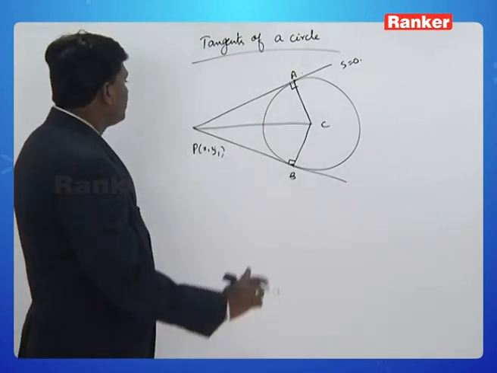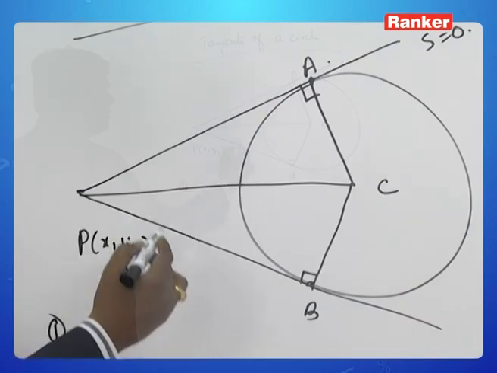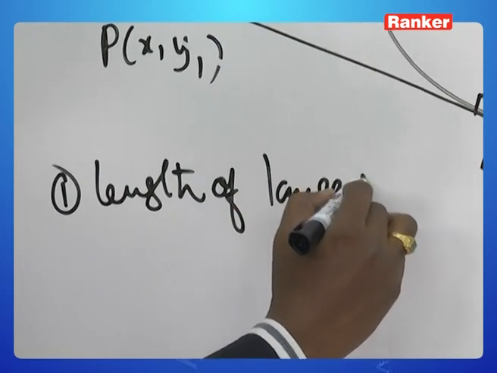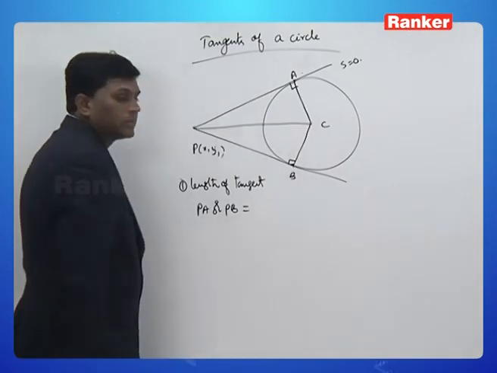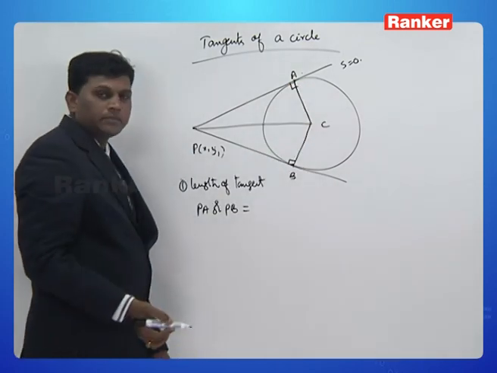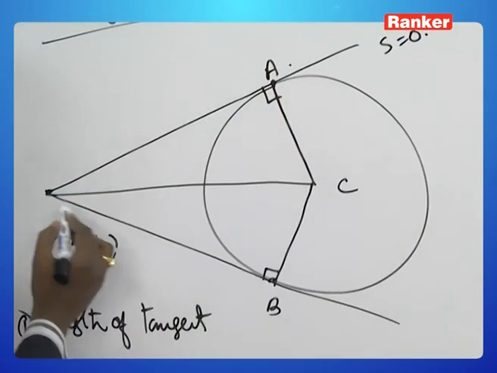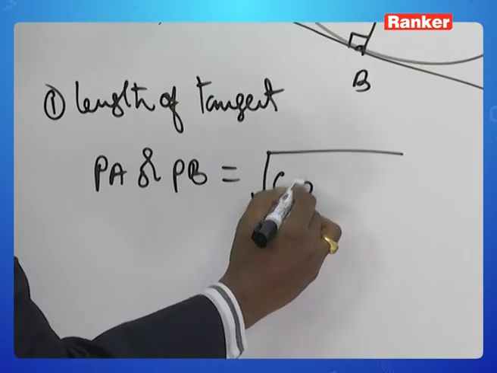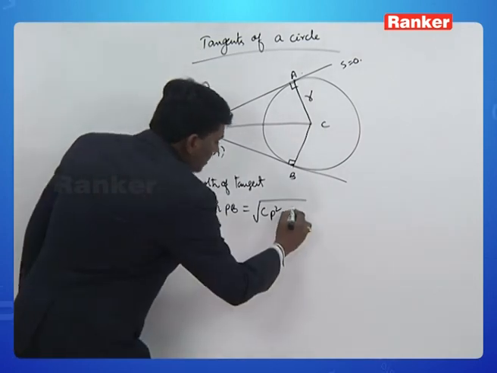Now for example, in this diagram, suppose we have to find the length of tangent PA or PB. So here in right angle triangle PAC, the length PA or PB equals under root PC square minus the radius, if we take it as r, square.